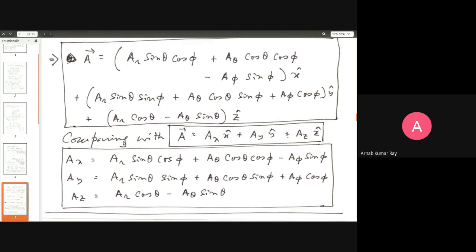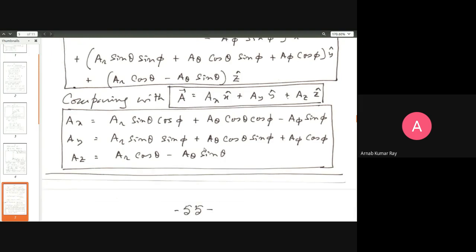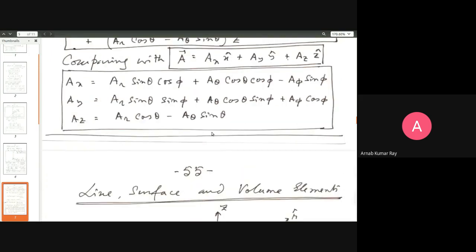A_x is equal to A_r sine theta cos phi plus A theta cos theta cos phi minus A phi sine phi. A_y will be equal to A_r sine theta sine phi plus A theta cos theta sine phi plus A phi cos phi. And then A_z will be equal to A_r cos theta minus A theta sine theta.